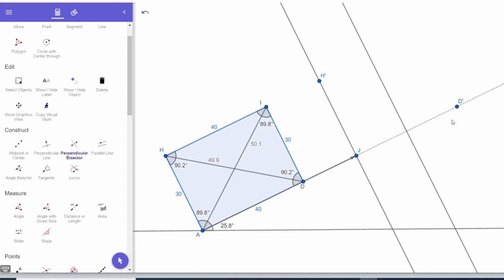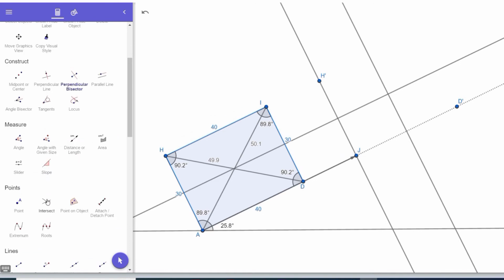Mark the midpoint using the perpendicular bisector tool. Then we mark the intersection points K and L.